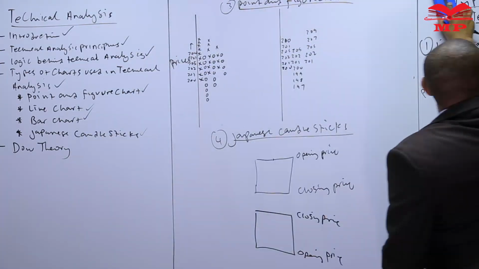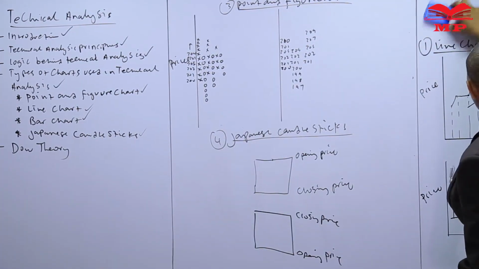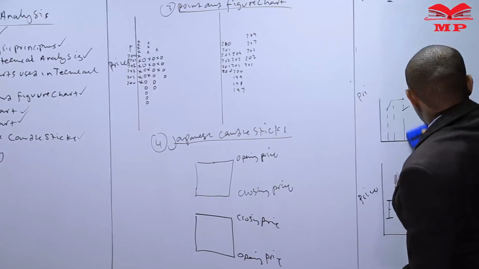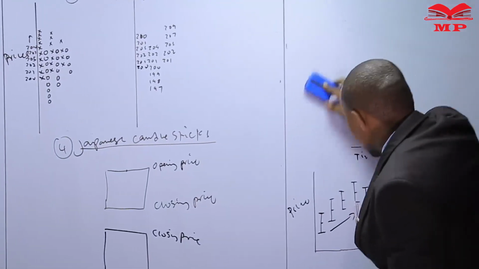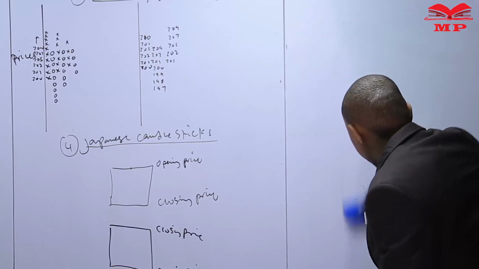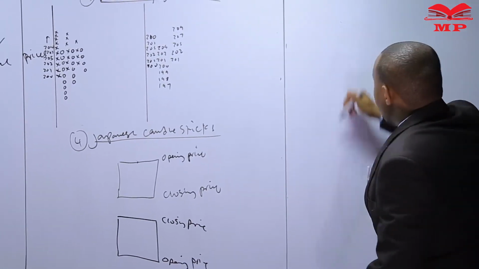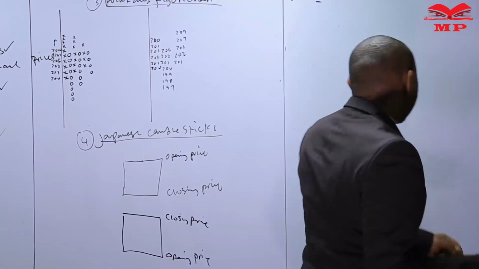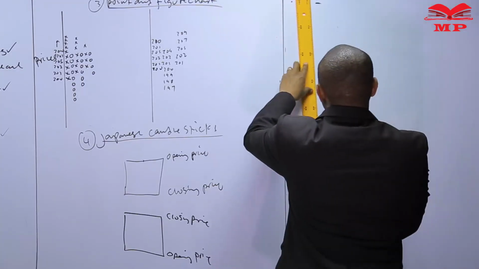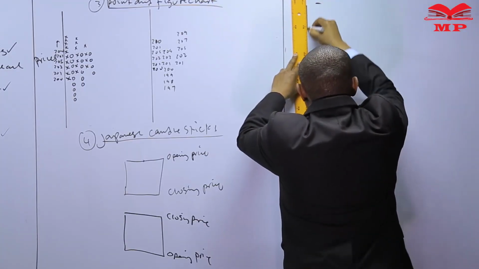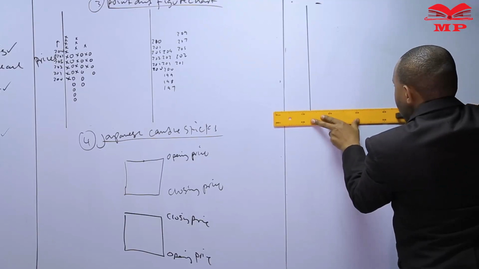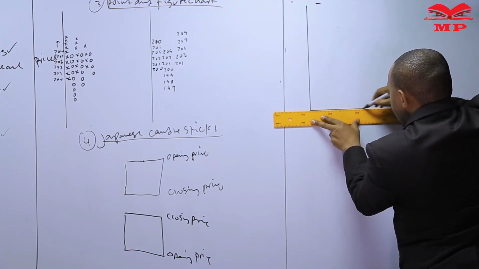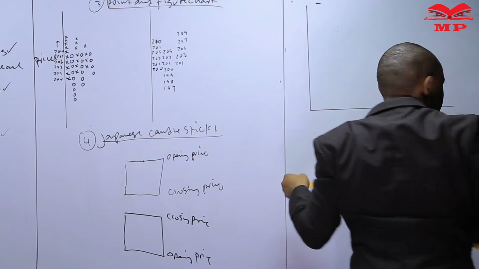Now, putting that understanding onto a graph, this is what we come up with. We have a graph like so, and put it somewhat like that.